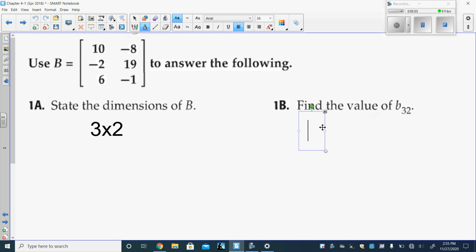The second part asks us to find the value of B32. Third row, second column. I go down to the third row and over to the second column, which gives me -1. So B32 would be -1.